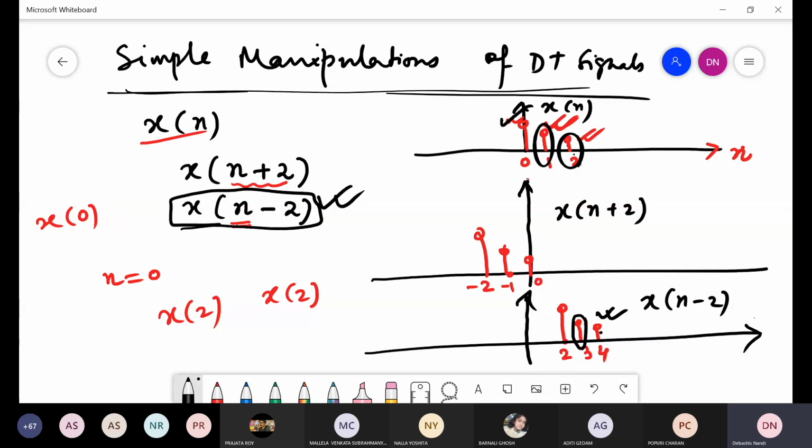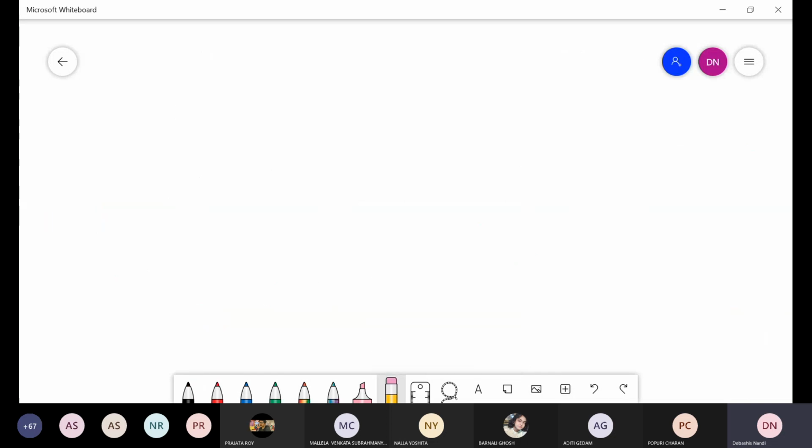So this is our shifting operation. Sometimes it is called time delay operation. Another operation is called folding operation, number 2. So the previous one was time delay operation, and the second is your folding operation.